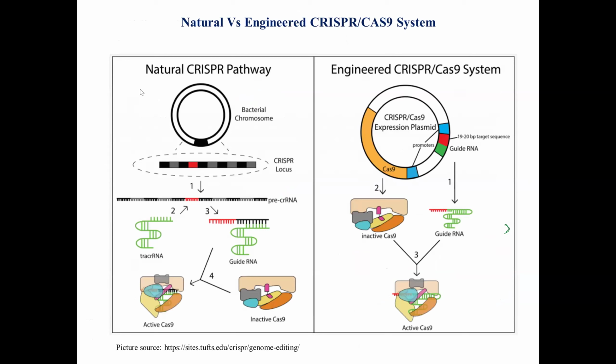Whatever was found in nature is a natural CRISPR pathway. Now people are more interested in the engineered ones. They don't really bother about how CRISPR-Cas9 evolved, how they acquired these things, how it functions as an immune system. People lost interest in that.